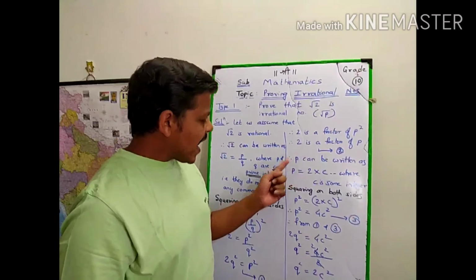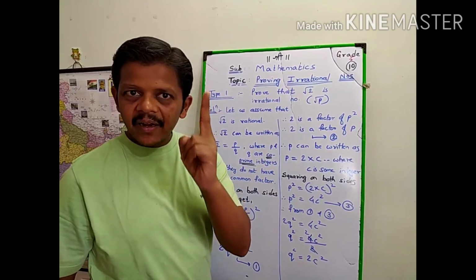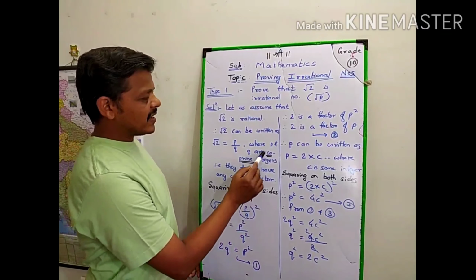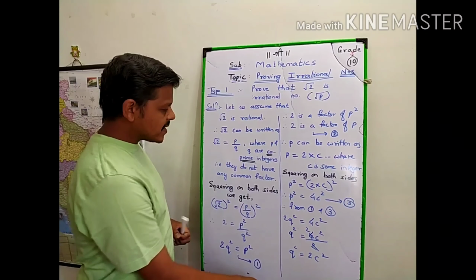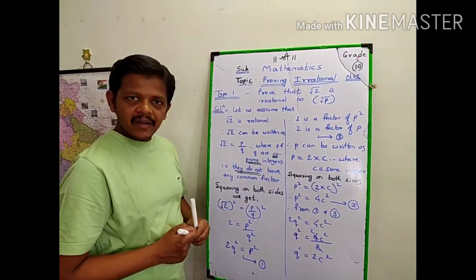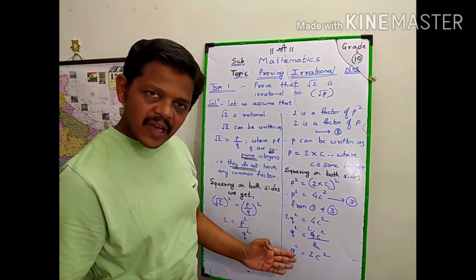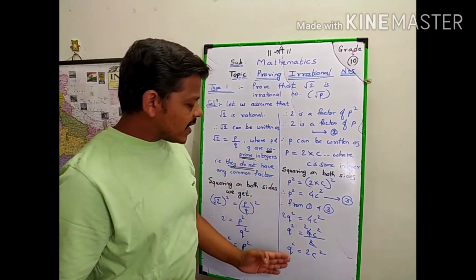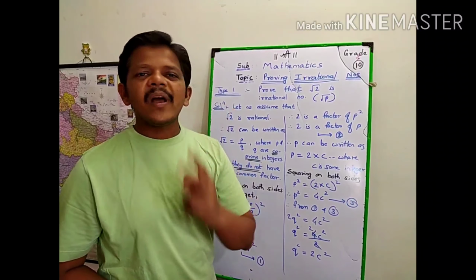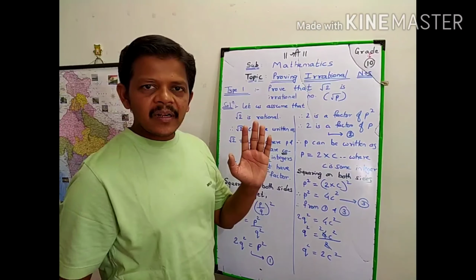Means p and q both are going to have a common factor 2. But what we have said, p and q are co-primes and they do not have any common factor. Here we are proving that p as well as q both are having 2 as a factor. Means we have contradicted ourselves.